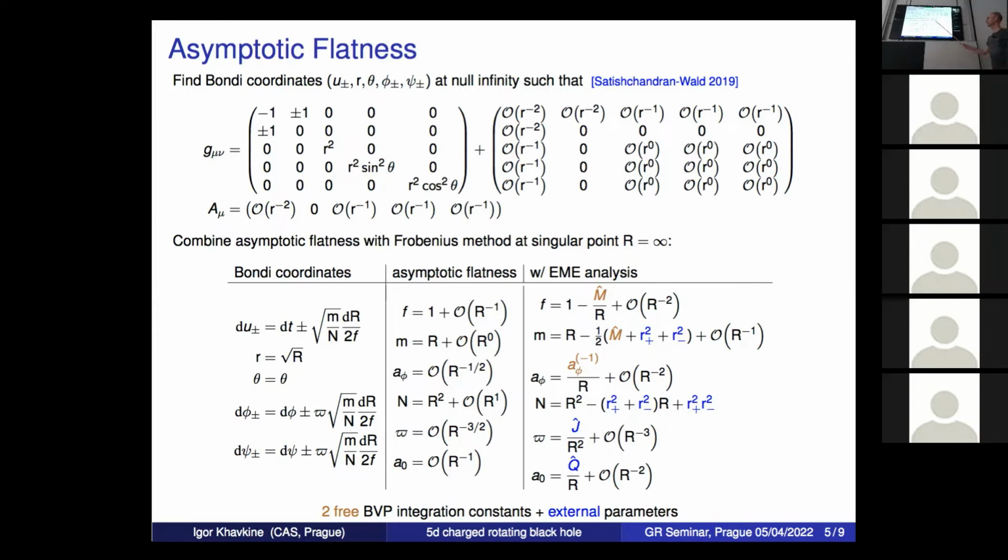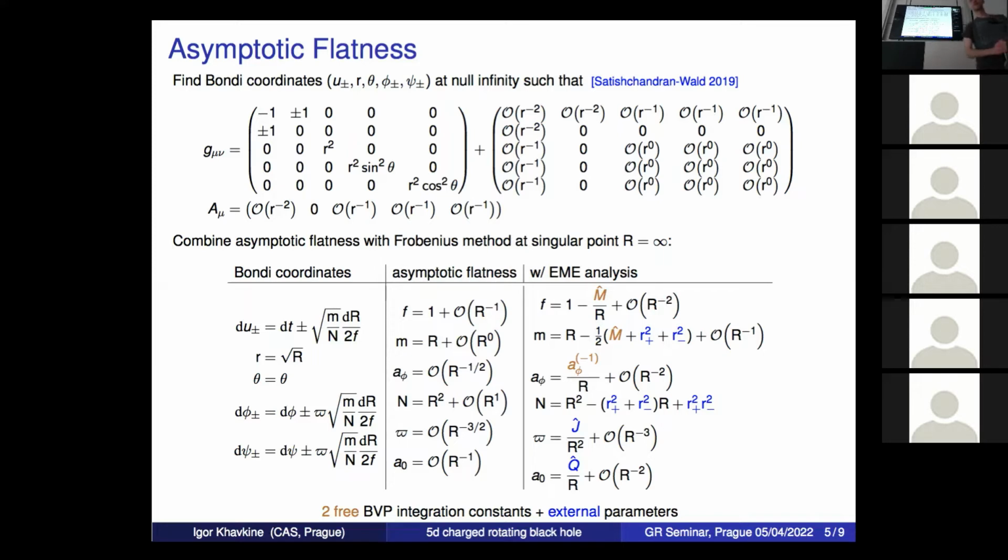So there are two free parameters on top of the integration constants corresponding to charge, total angular momentum, and the locations of the horizons. Okay, all right. So just keep this in mind. There are two free integration constants when you solve the boundary value problem in asymptotic series at infinity, in addition to the parameters which label charge, momentum, and mass.